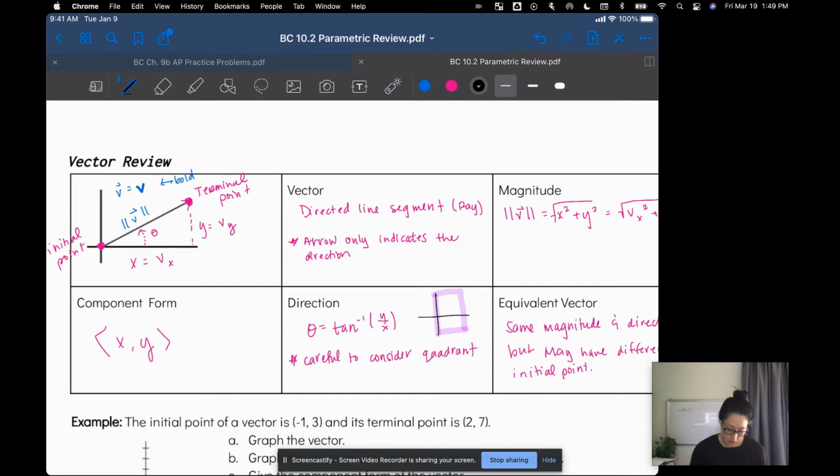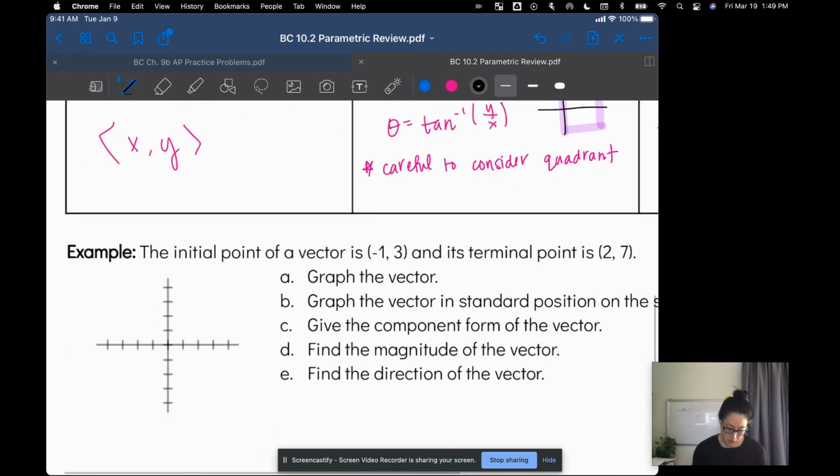Okay. All right. So we're going to start with the initial point of a vector at -1, 3, and the terminal point at 2, 7, and we're going to graph the vector first. So I have -1, 3, and should have used a larger grid.